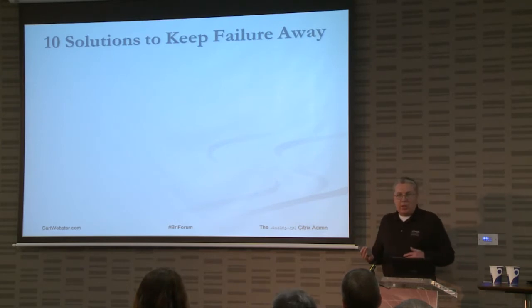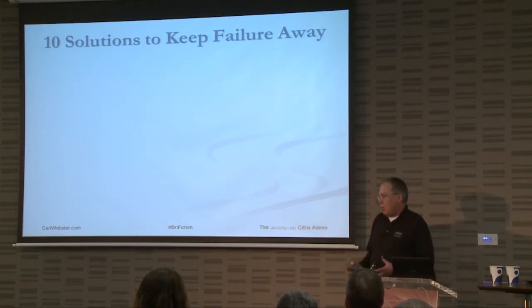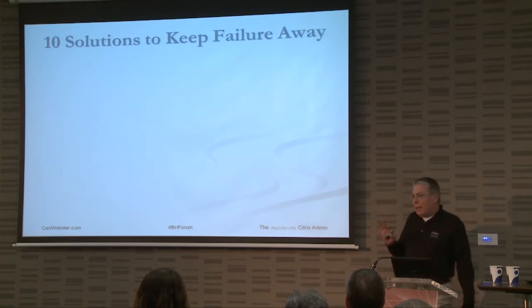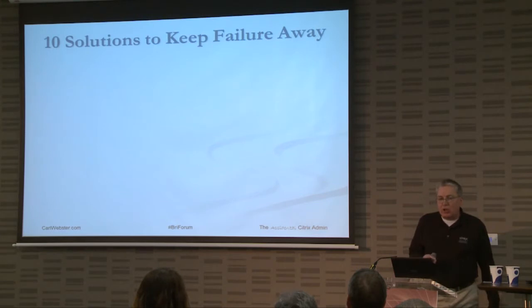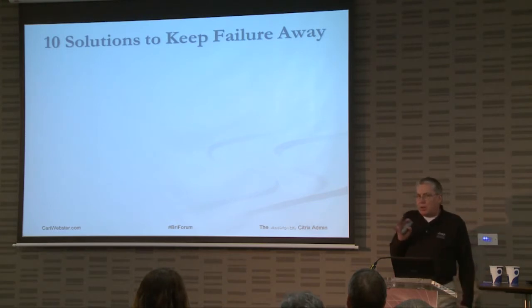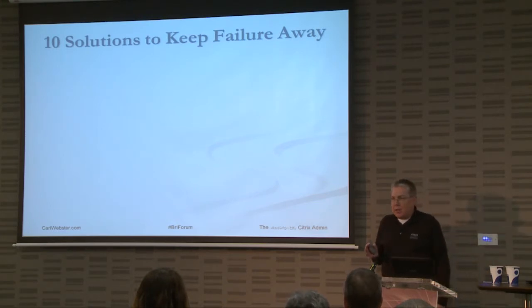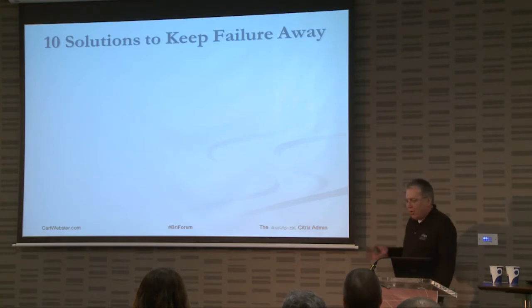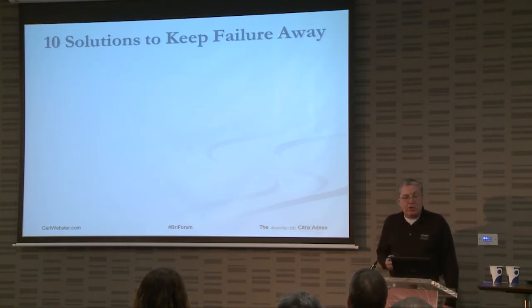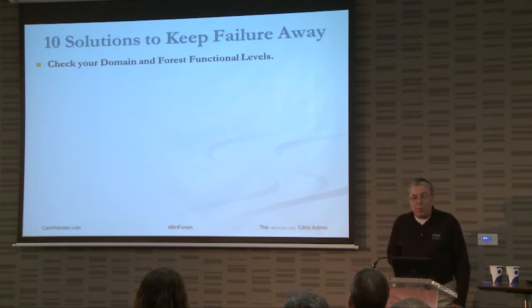This session is sort of a continuation and a wrap-up of all the presentations I did last year. The session last year was 10 things in Active Directory that can hurt, and we wound up with 10 solutions to keep failure away.